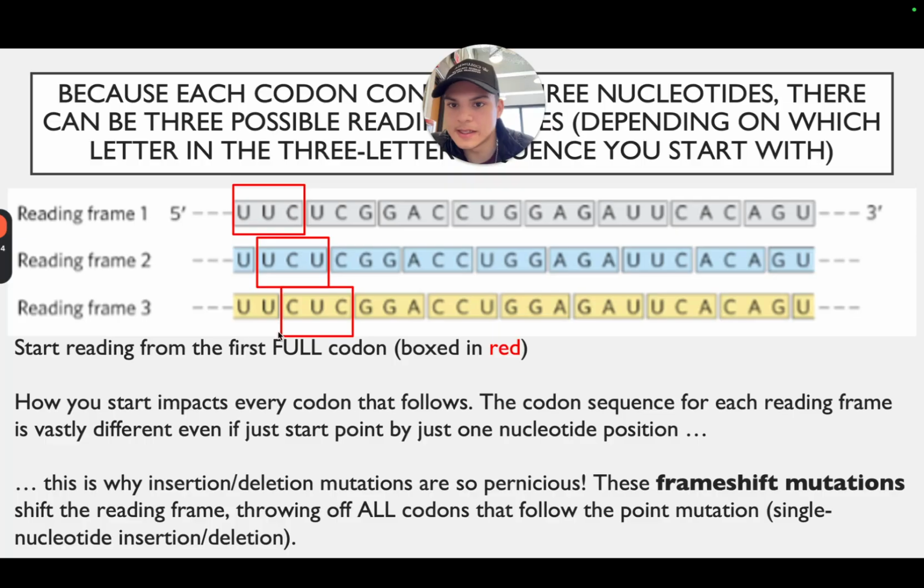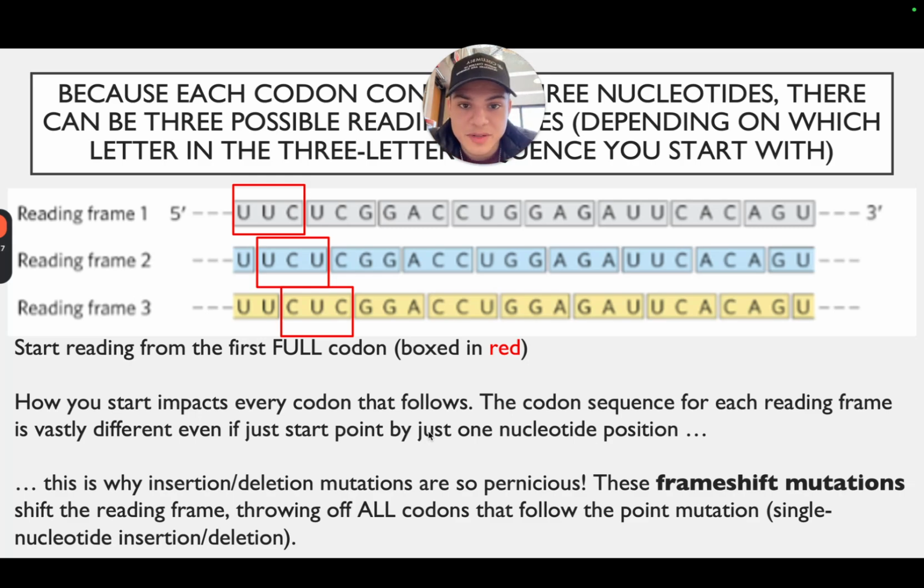So there are 3 possible codons that you can start with, and you start reading from whichever one the start is. And again, hint, hint, it always starts from AUG. How you start impacts every codon that follows. The codon sequence for each reading frame is vastly different, even if the start point differs by just one nucleotide position.